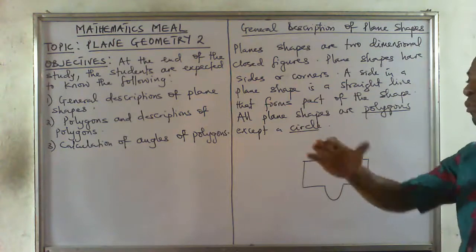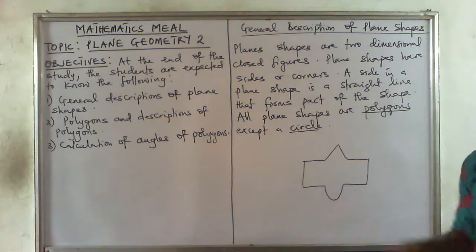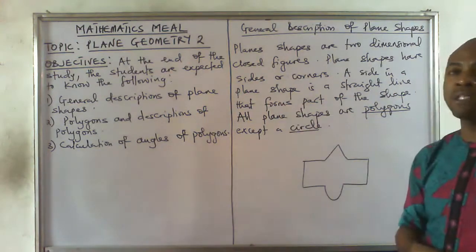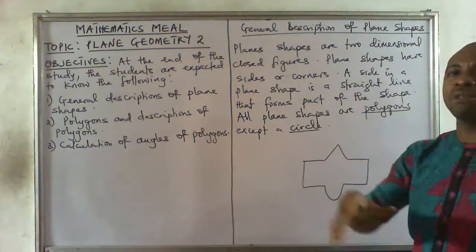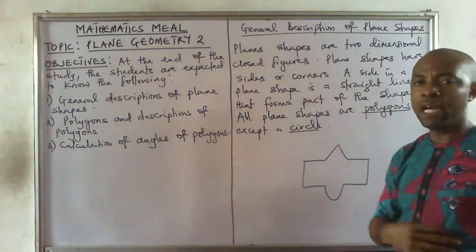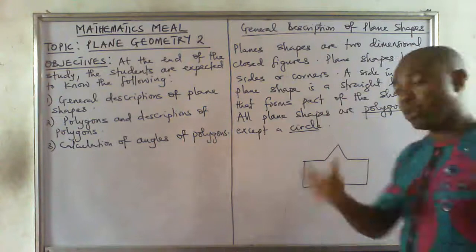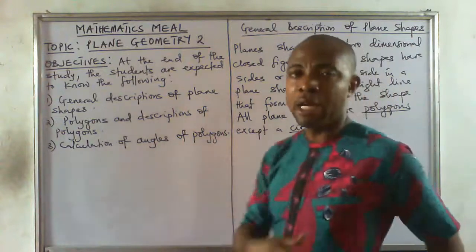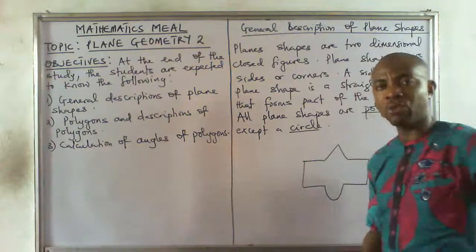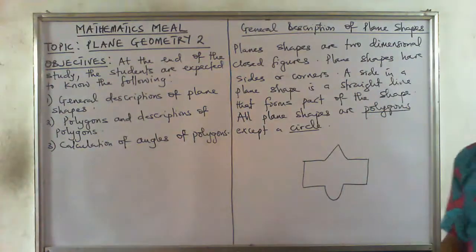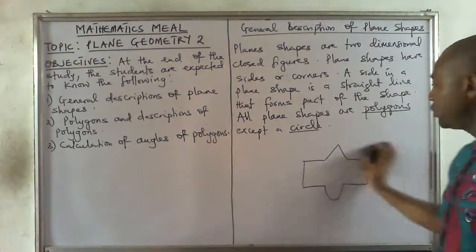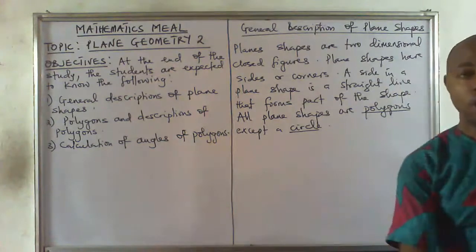Remember, we still have part 3 of plane geometry, and in that part 3, we'll be looking at circle geometry, where we'll be looking at angles in a circle. There are so many theorems, what we refer to as circle theorems. We say that the angle subtended at the circumference of a circle is twice the angle at the center, and so on and so forth. We are going to see that in plane geometry, part 3 of it.